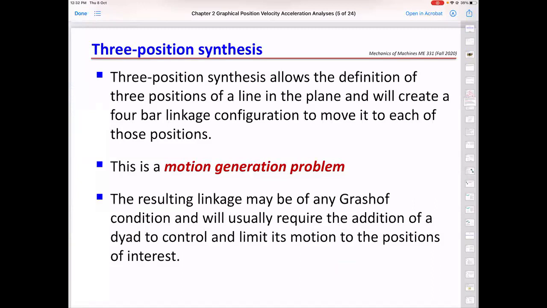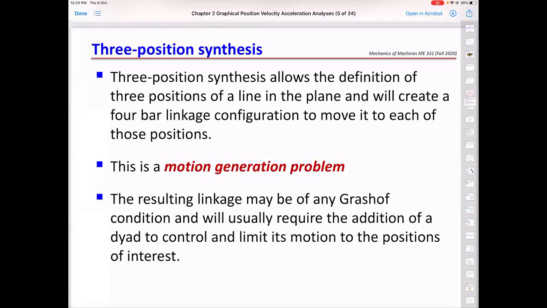Please remember one thing which I mentioned in the beginning: two position, three position, or multiple positions, more than three, is actually considering the in-between locations from the initial to the final position of any link.